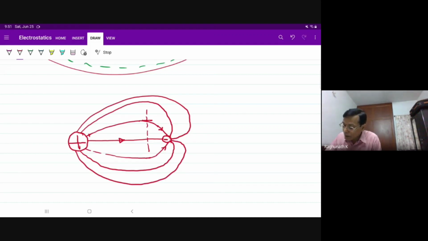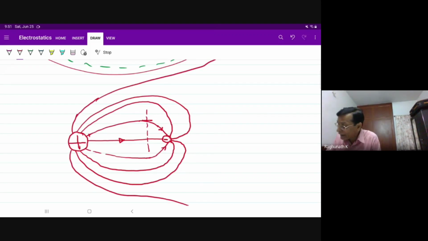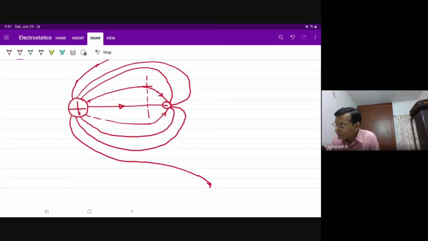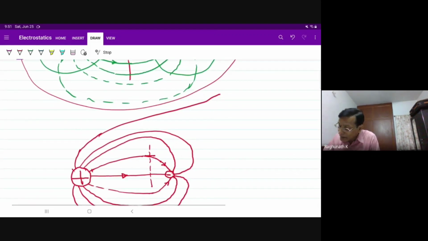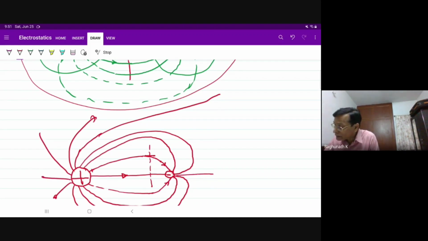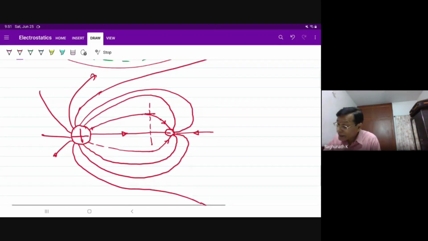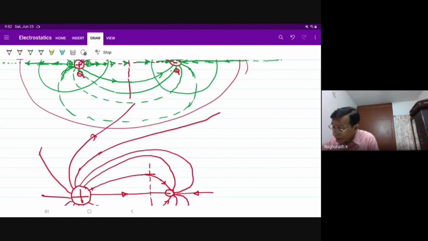But these are the positions where it will basically have an effect, but ultimately they go to infinity. They get repelled continuously. They will never come back to the negative charge. So many lines will skip and go to infinity. They will not go to the negative charge.